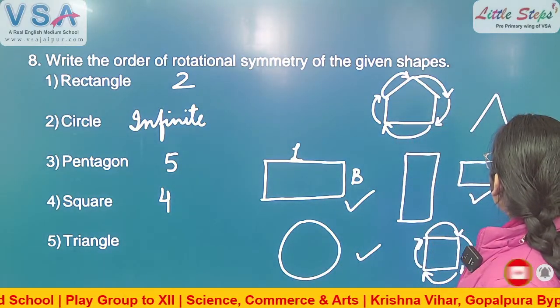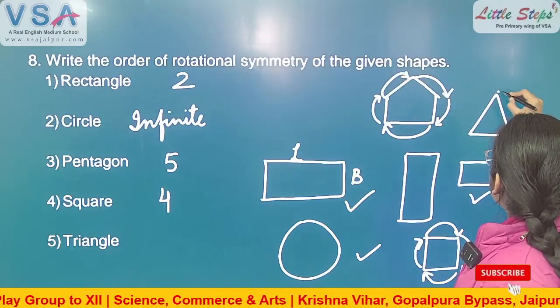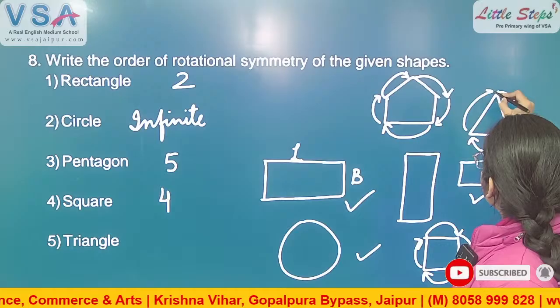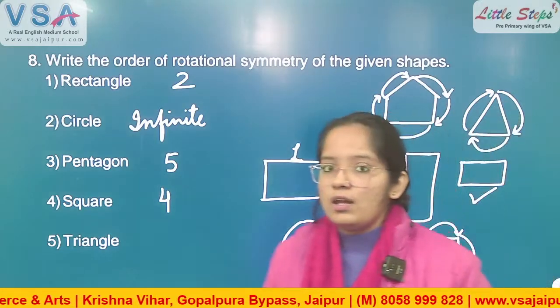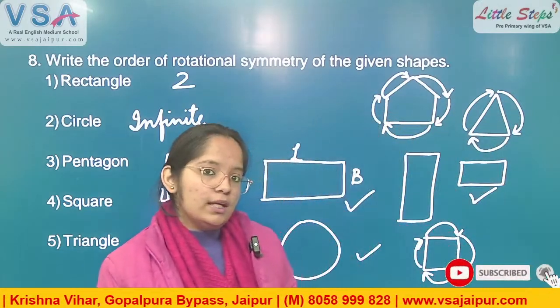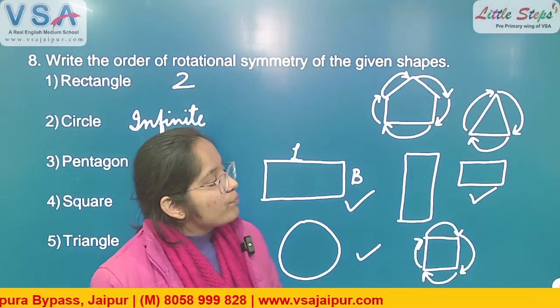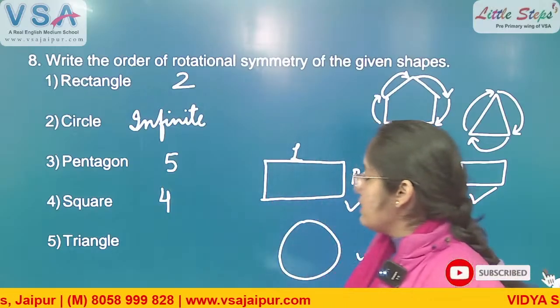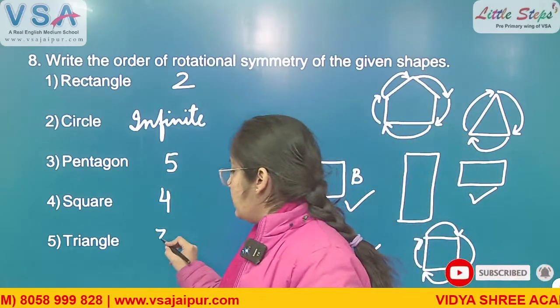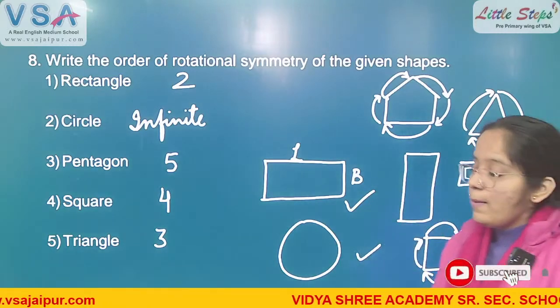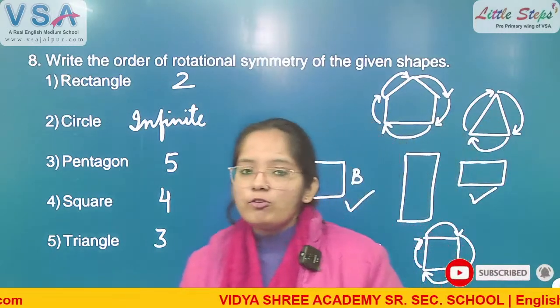So this is a triangle. If we rotate it from one position to another on the basis of its edges, and all the sides are equal, it will look the same no matter what. So the order of rotational symmetry in the triangle will be 3.